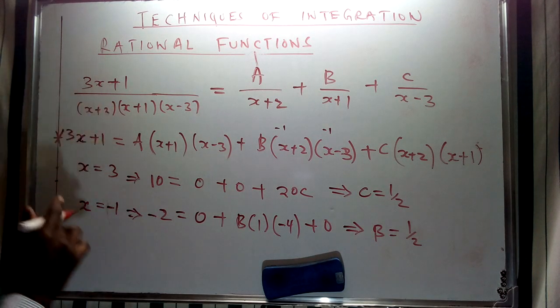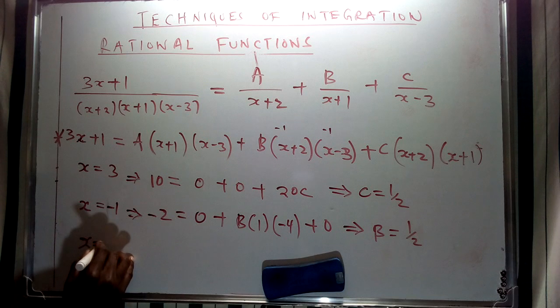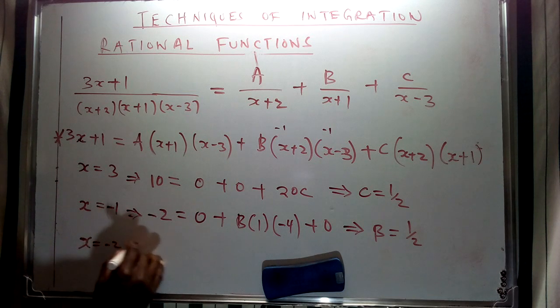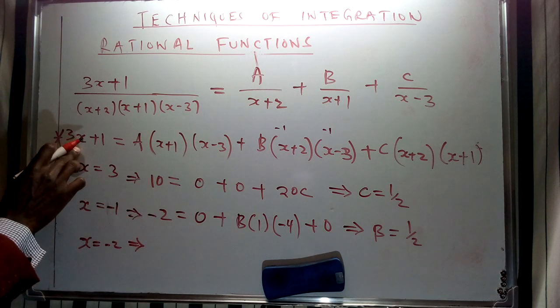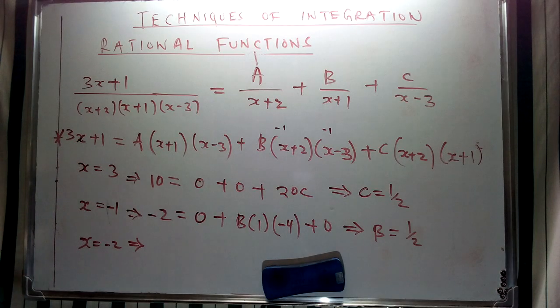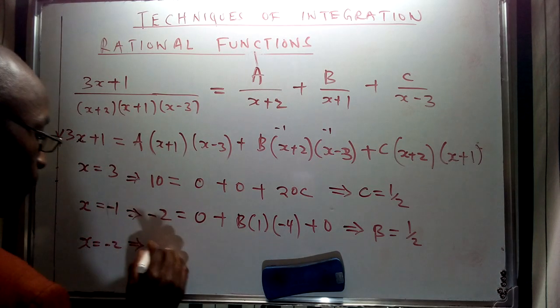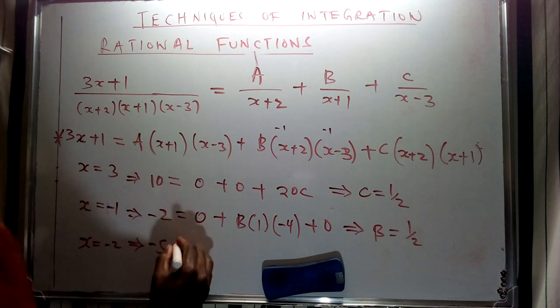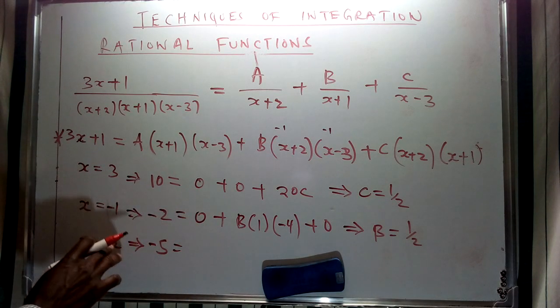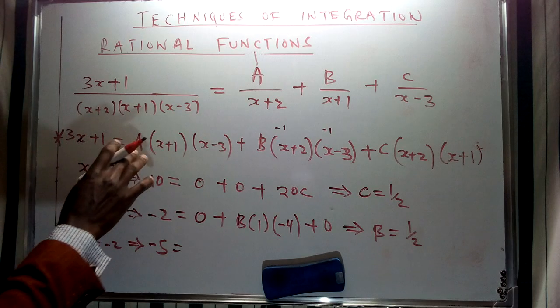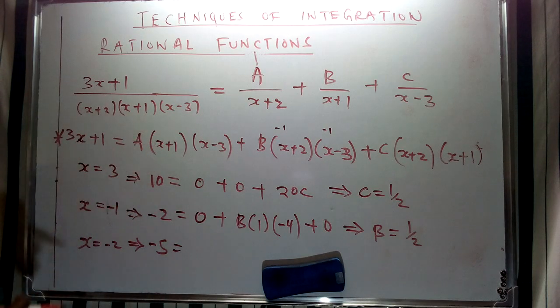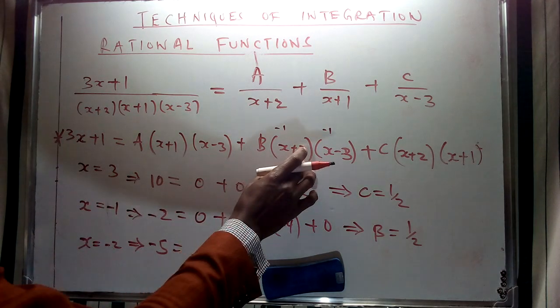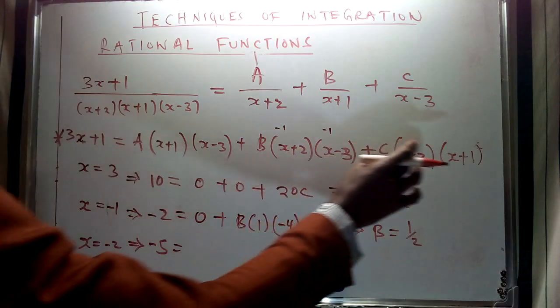So for the first one, we're going to consider a case whereby x is equivalent to negative 2, implying that for this specific section we're going to have negative 5 as the value for the left side of the equation. Now if we consider negative 2, then our expression is going to be represented such that the value of B is going to be 0 and C is going to be 0.